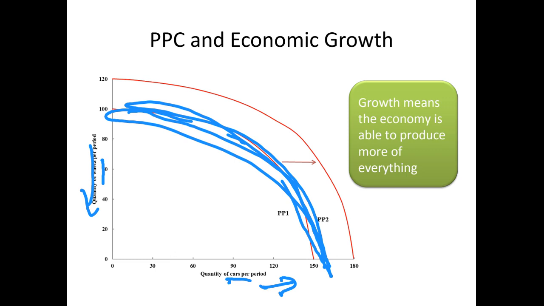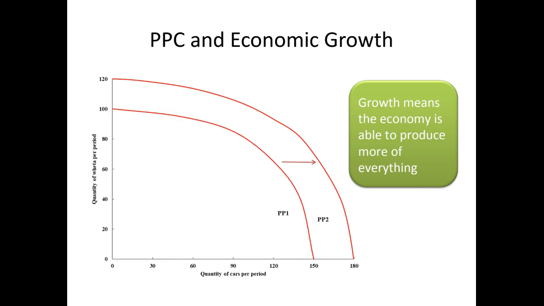What is the meaning of balanced growth? Balanced growth means that this country is now capable of producing more cars, but also more wheat as well. So the country is growing in both sectors, in the automobile sector and in the agricultural sector.